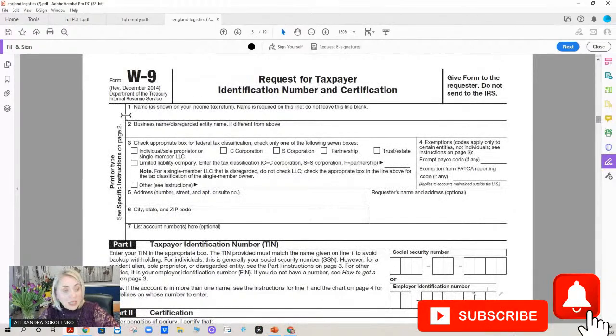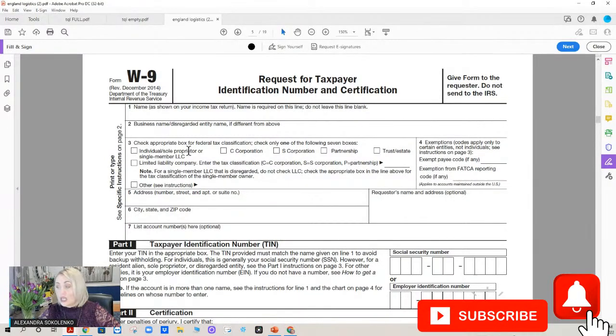Then you're going to fill out the W-9. If you listened to me and you created a setup packet and you already included the W-9, then you don't have to fill this out because you already sent them the setup. If you want to fill it out one more time, here you go. You're going to put the name of your carrier.